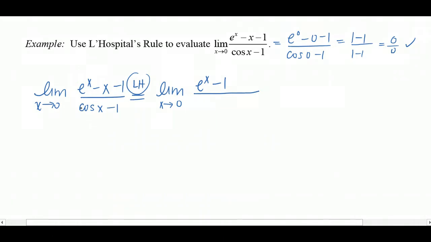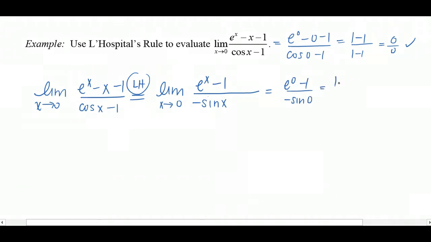All over the derivative of the denominator, the derivative of cosine x is negative sine x. The derivative of negative 1 is 0. So now I try to evaluate this new limit using direct substitution. So if I plug in 0 for this x, I'll get e to the 0 minus 1 over negative sine 0.